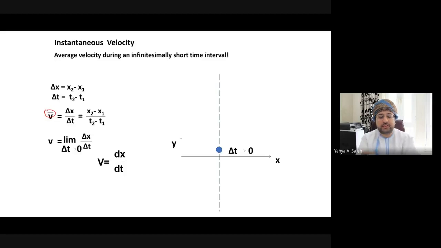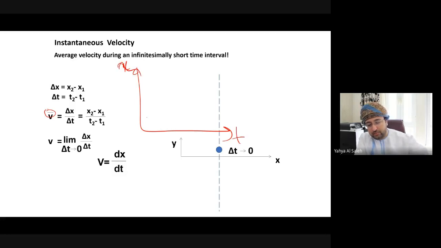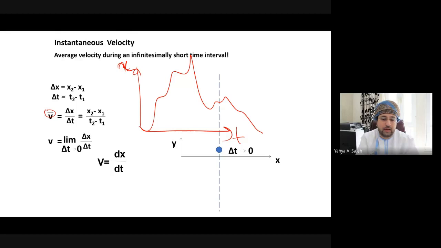What is dx over dt? I have a graph of position over time, and I have something that looks like this. What is dx by dt at any given point? Any idea? No one?